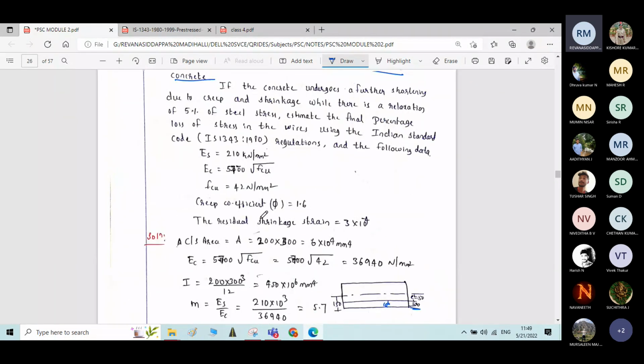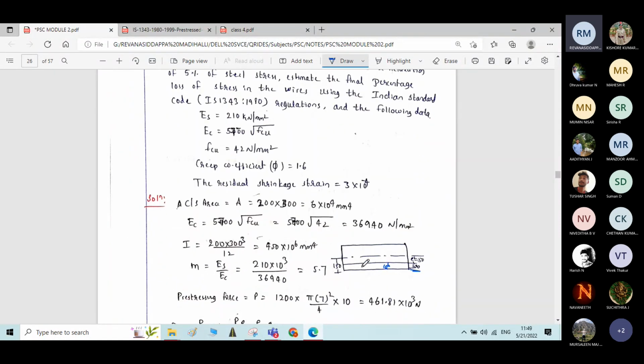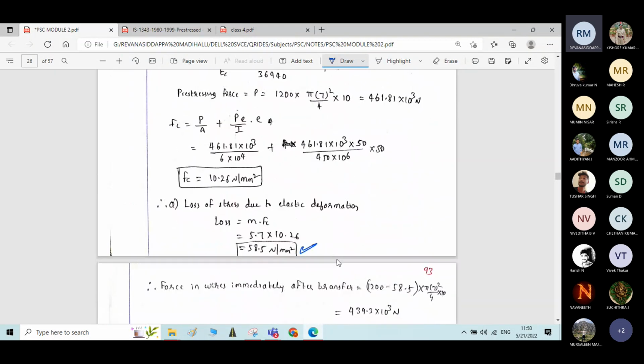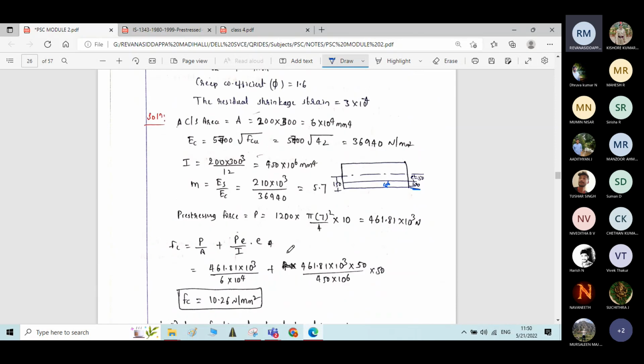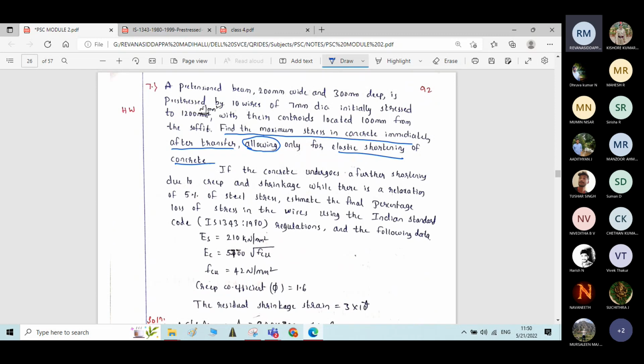So when he says allowing only for loss due to elastic shortening, initially you calculate the loss due to elastic shortening. The initial pre-stress applied is 1200 Newton per mm square. So out of this 1200, you calculate the loss due to elastic shortening.